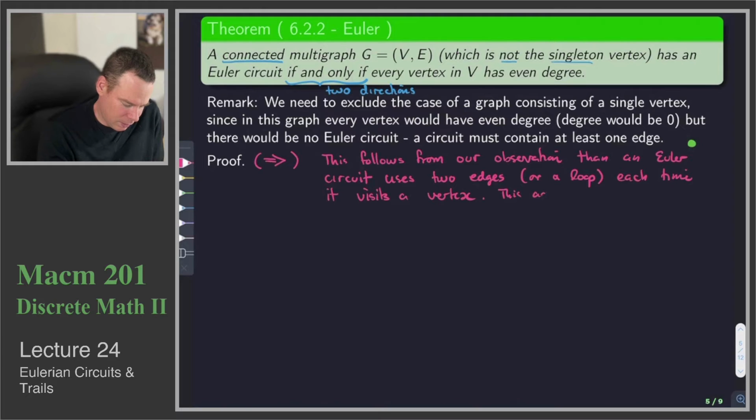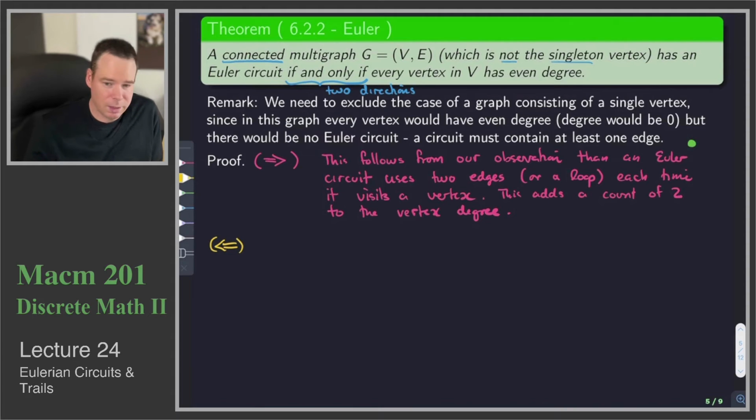This adds a count of 2 to the vertex degree. And so the vertex degree must be even. So that's that direction. Now we'll go ahead and focus on the main direction we are interested in. And that is, if every vertex has even degree, then it must have an Euler circuit.